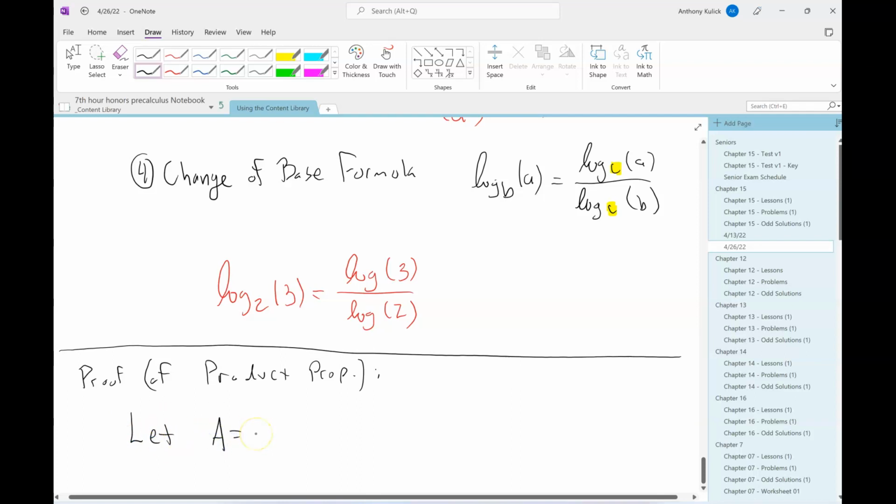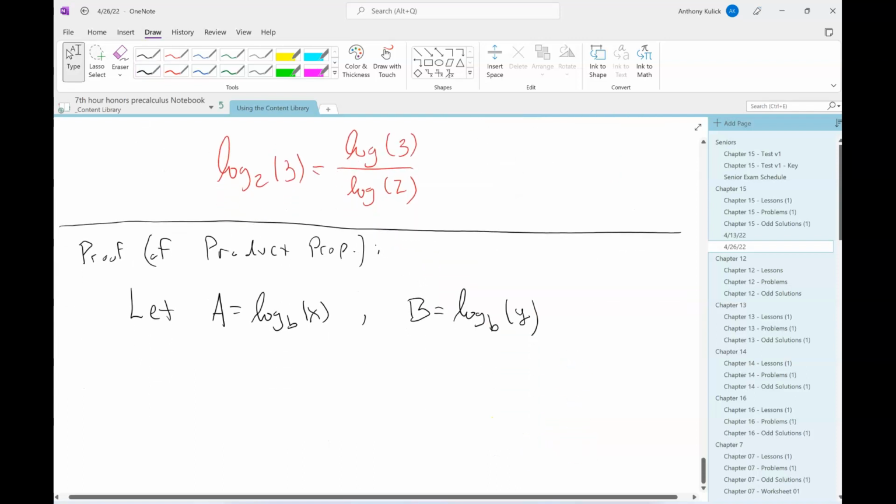So I'm going to start by defining capital A as log base B of x and capital B as log base B of y. Now I can use the definition of a logarithm to rewrite these logarithmic equations as exponential equations.